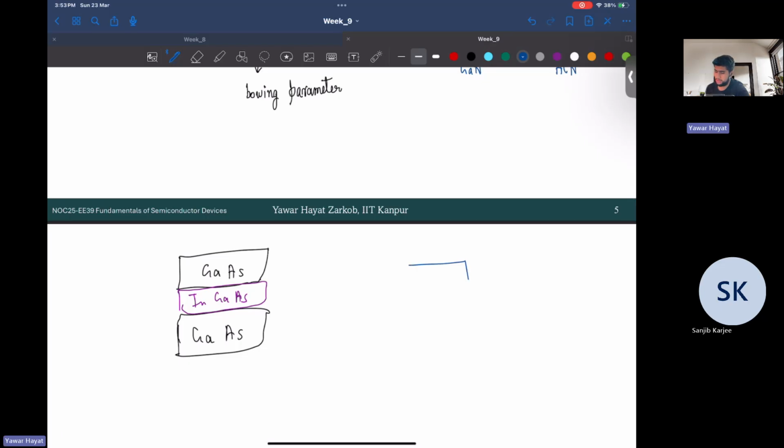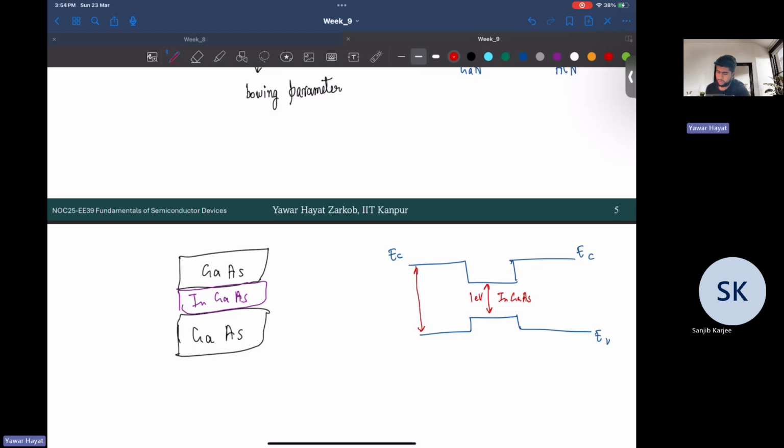If I draw EC, this is your EV. This is 1 eV, and this is indium gallium arsenide.